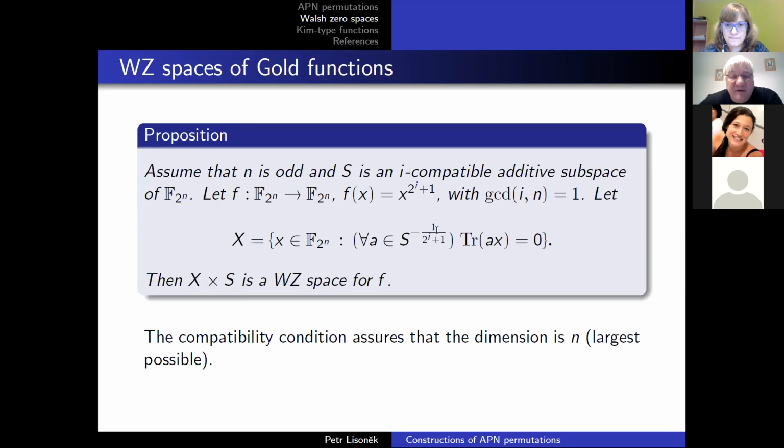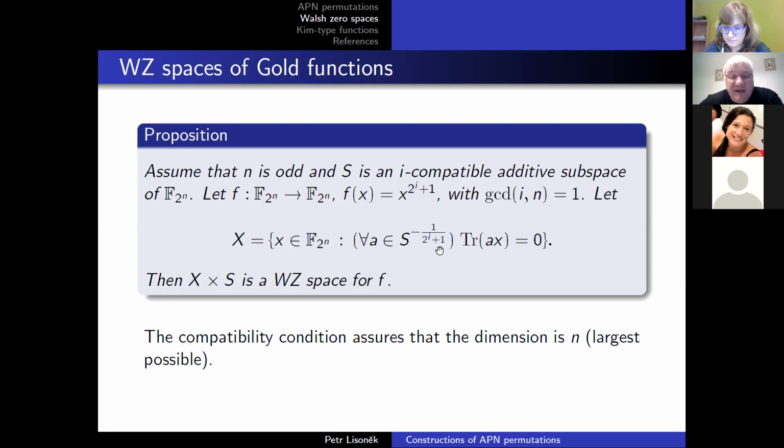In this set you'll have as many elements as in S. So if you take a span of this set, the dimension will be at least the dimension of S. Then to achieve dimension n overall, because we do the product construction X cross S to obtain the WZ space, we need the dimension of X to be complementary to the dimension of S. That's the highest possible dimension that X can have.